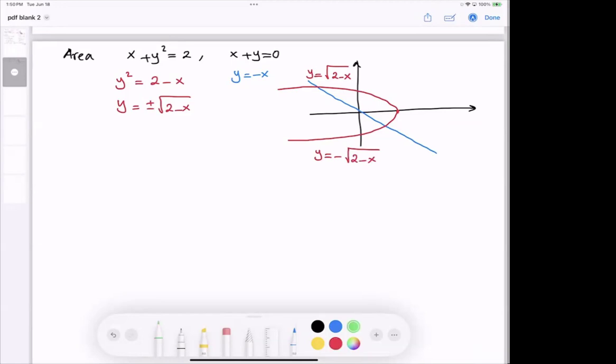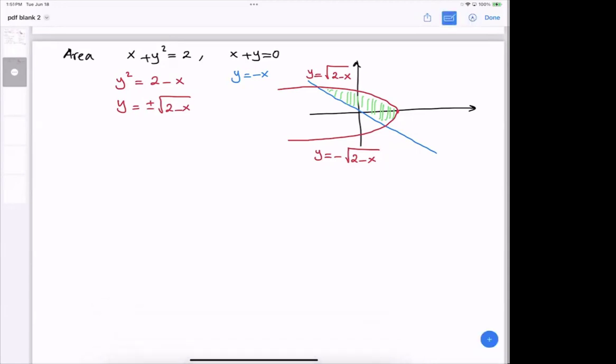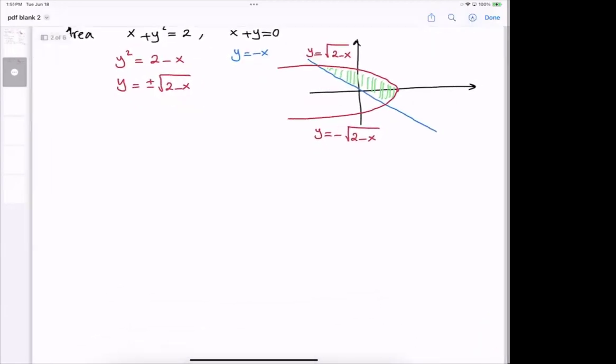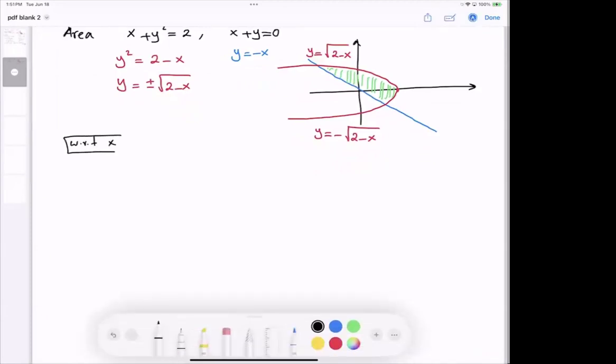So the portion that we try to find the integral of is this portion. But is it easier to take the integral with respect to x, or with respect to y? If you decide to take the integral with respect to x, you have to divide this up into different portions: one portion on the left side, and another portion on the right side.